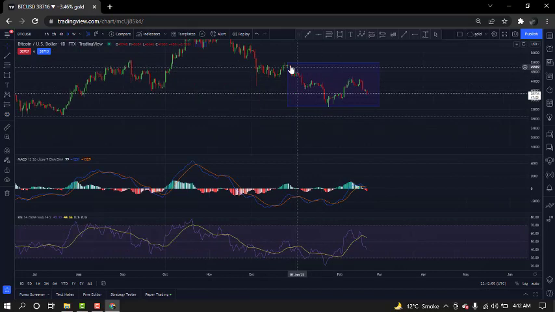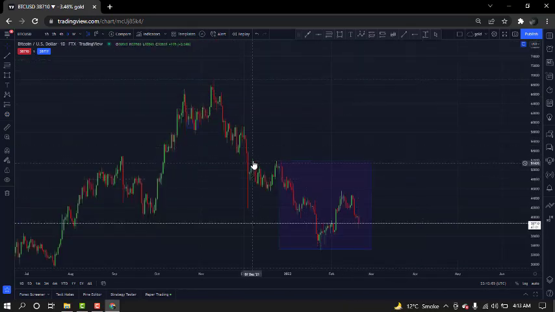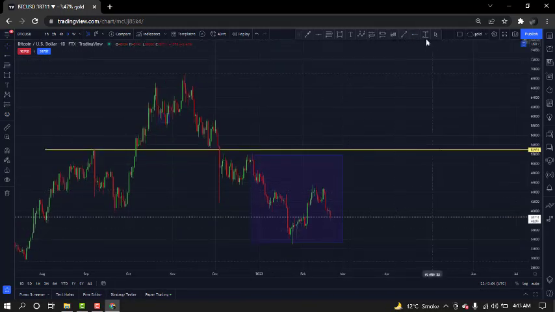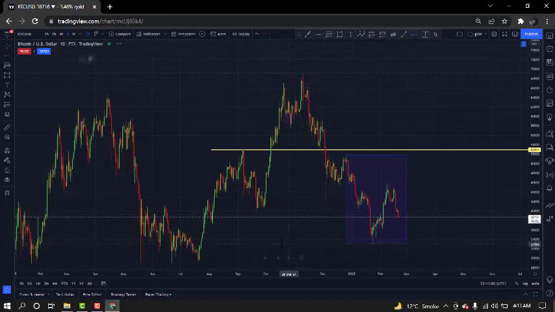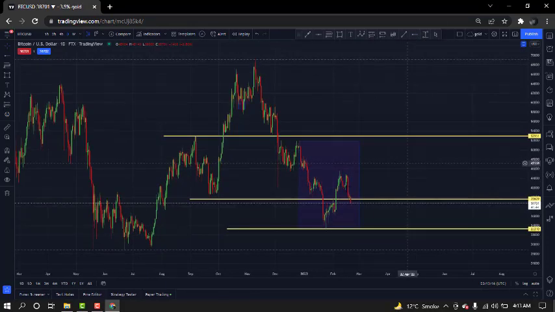What is this? As you all know, support and resistance. You can see this is the resistance level, and these are the support levels. First support right here, second support, but at this time this is a minor resistance, not a huge resistance.